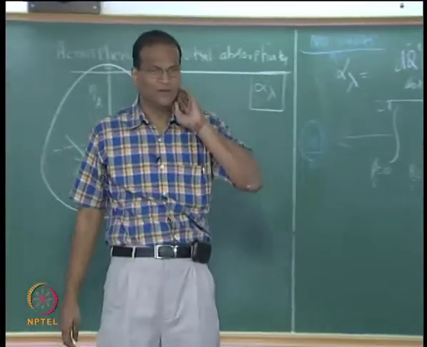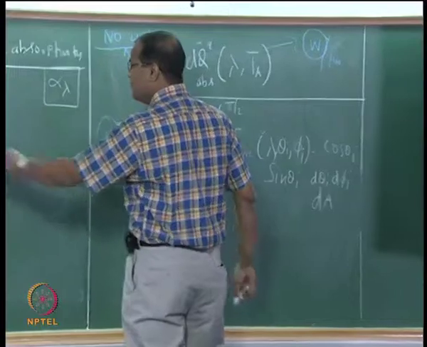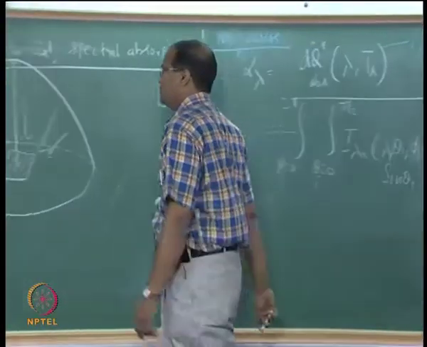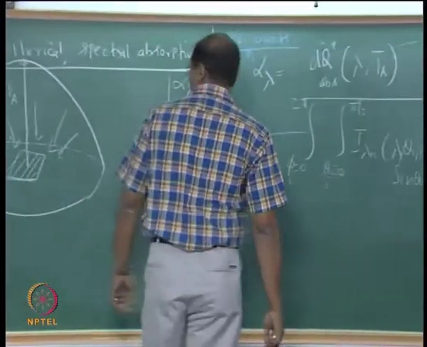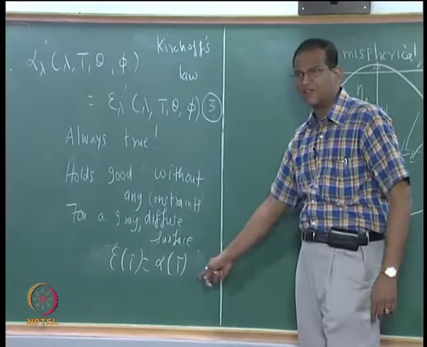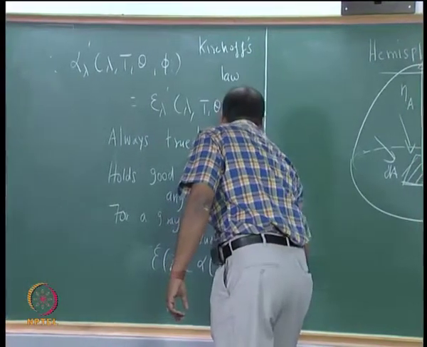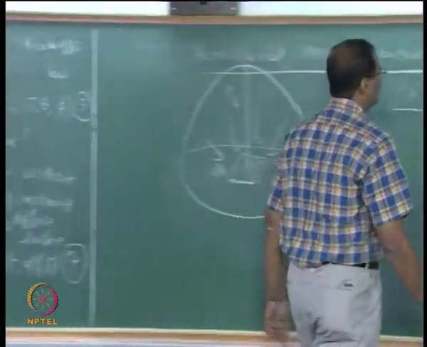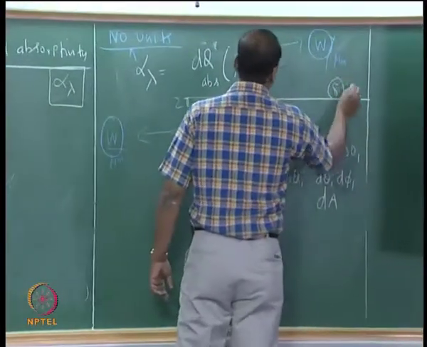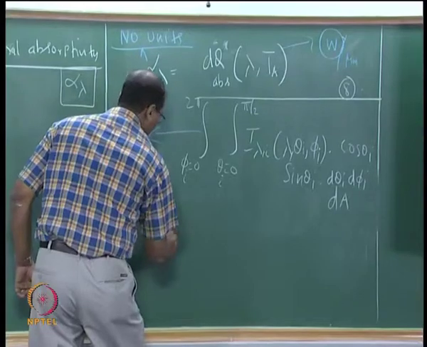Now I should write an expression for this. Yesterday we did a lot of things. Have we written up to 4, 5, 6, 7? This was 7? Okay, then we will keep it as 7, and we will call this 8. Now tell me dq absorbed.